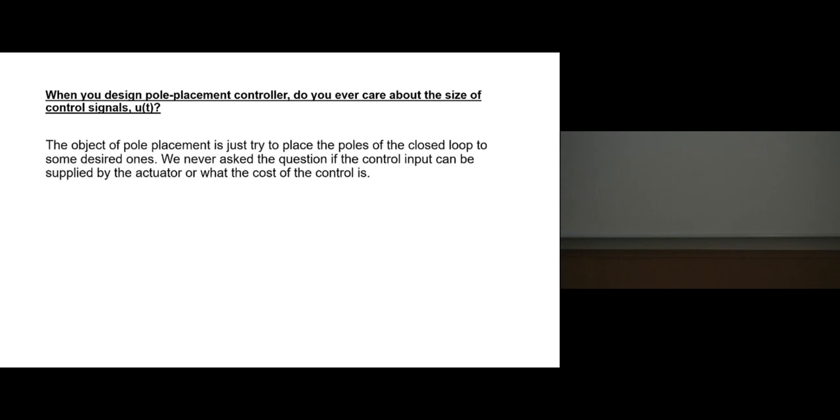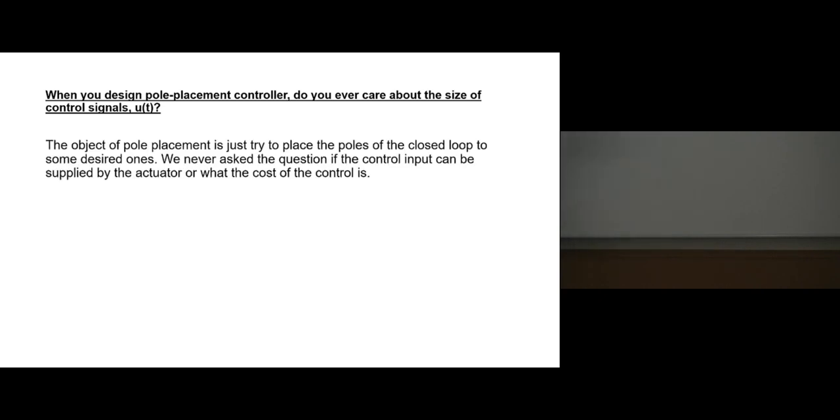Let's say you want to design a pole placement controller. When you design the pole placement controller, do you ever care about the size of the control signals? In the design procedure, are you required to do that? No, right? What you require, okay, I know the reference model, I just know the desired position of the poles.